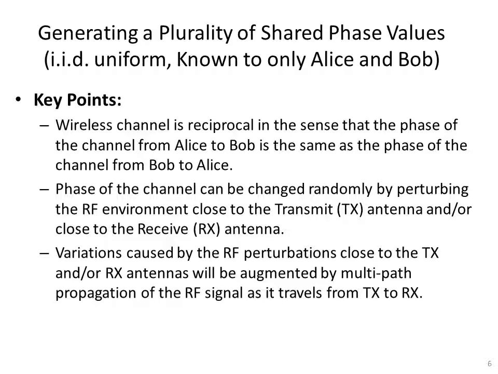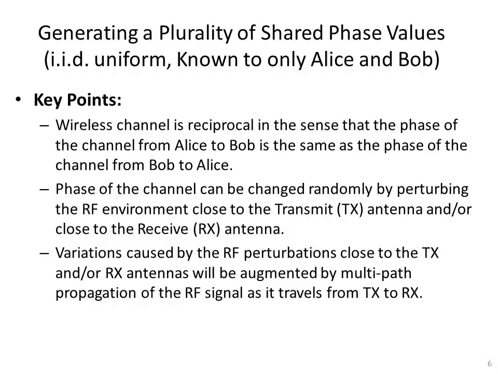Now, as I mentioned, the variation due to the perturbation close to the transmit or receive antennas will be augmented by the multipath propagation of the RF signal as it travels from TX to RX.